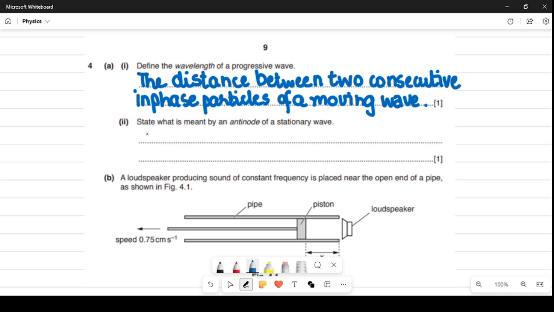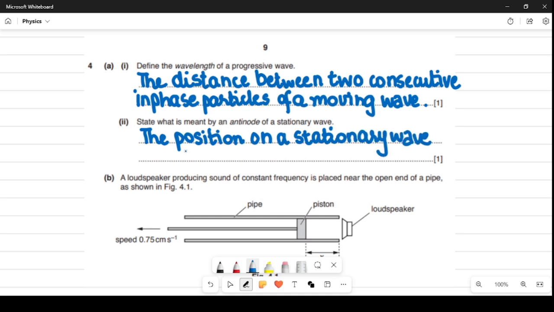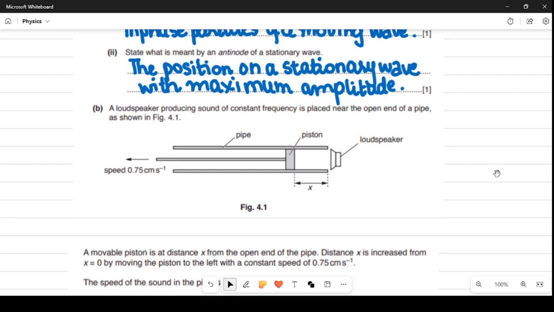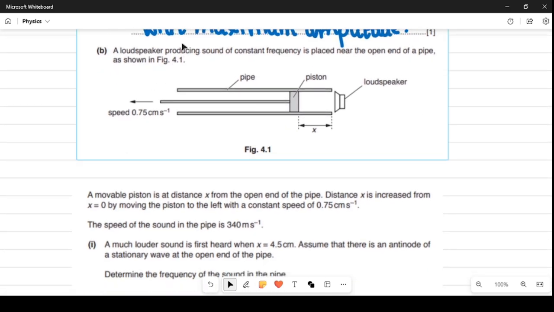So an antinode is basically the position on a stationary wave with maximum amplitude.